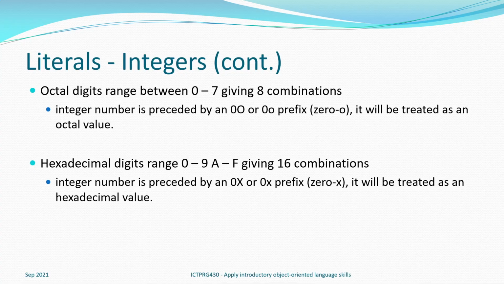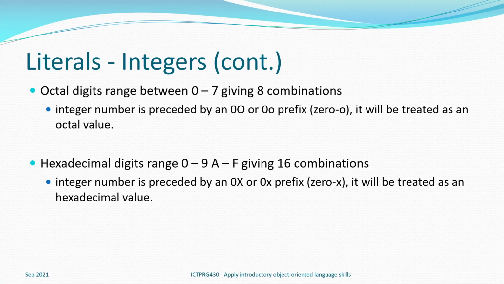When we wish to display or work with octal numbers, we'll have a prefix of 0, O. So 0 the number and O the letter. This tells Python that the following number is in octal format, and that will do an automatic conversion to decimal if it's a print statement.